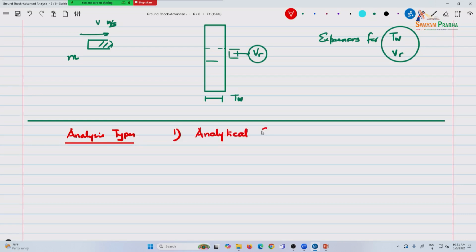We've spent a lot of time on analytical expressions, which can give a base or a ground reference. Then, based on analytical expressions, we've also done equivalent single degree of freedom analysis.